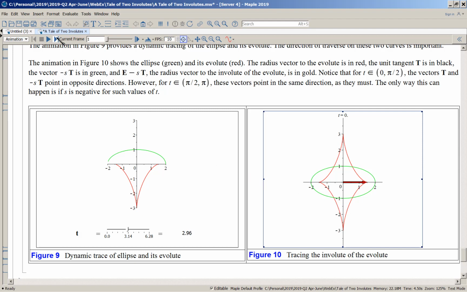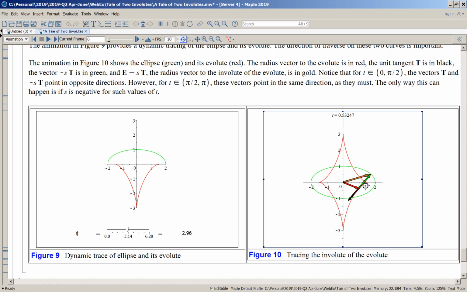So again, this is animation. Red is the radius vector. Black is the tangent vector along the evolute. Notice the tracing is downwards, so the tangent vector is going to point downwards.